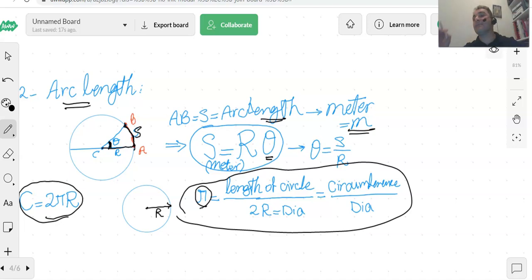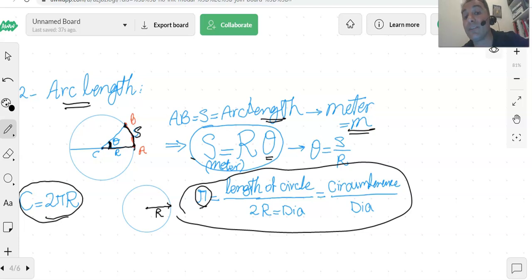Radian is inside length. That's why the unit of length is meter. Radius is meter also. So this equation is correct because your left side has the unit of meter. The right side also has the unit of meter.